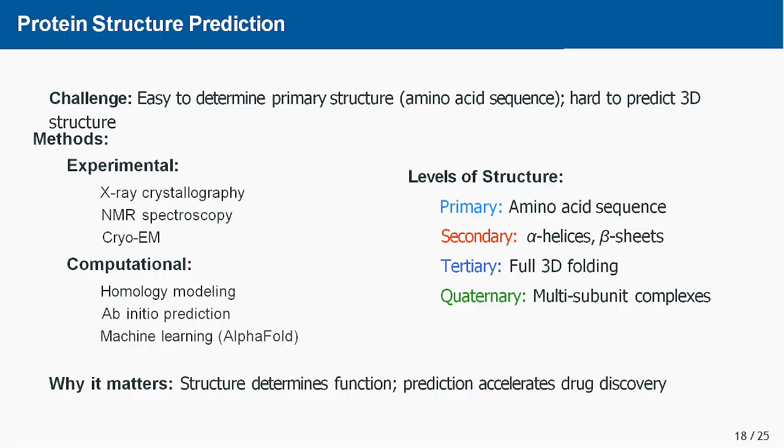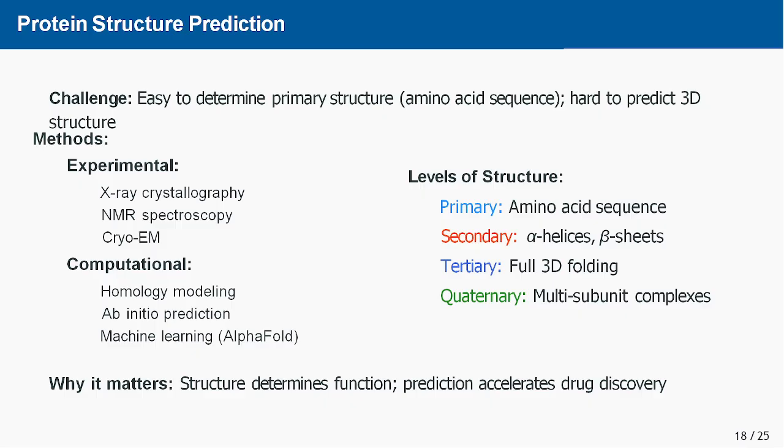But gradually, with the development of bioinformatics, people are developing software tools which have the computational power to model and predict different protein structures. So homology modeling, ab initio prediction, machine learning, and AlphaFold nowadays. Last year AlphaFold was given much more importance.